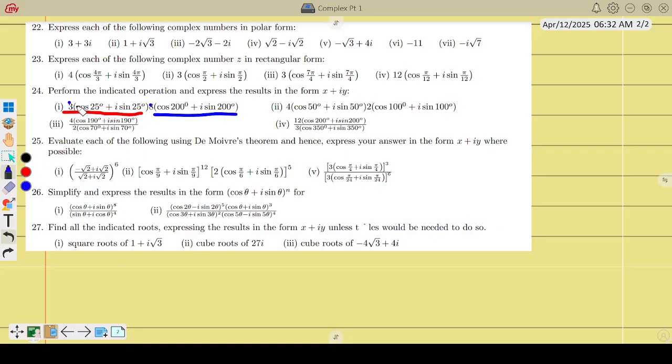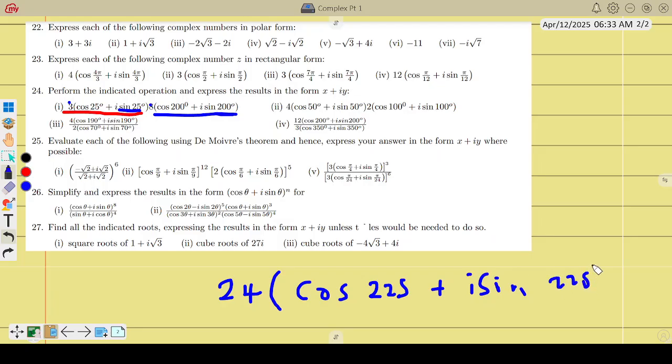When you are multiplying r1 and r2, you say 3 times 8, it's 24, and then the angles add, so we are going to have cos 225 plus i sine 225. Even here, you say 4 times 2, you write 8 outside. Since we are multiplying, you add 50 and 100 in both the cos and the sine.